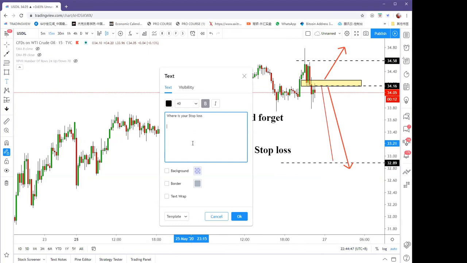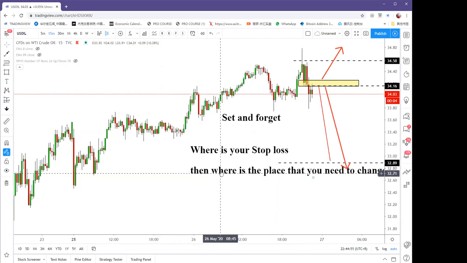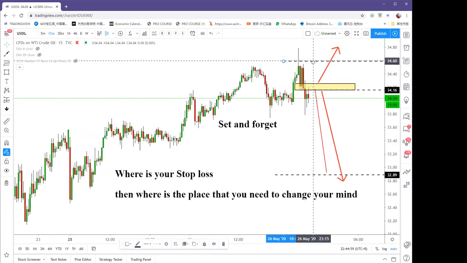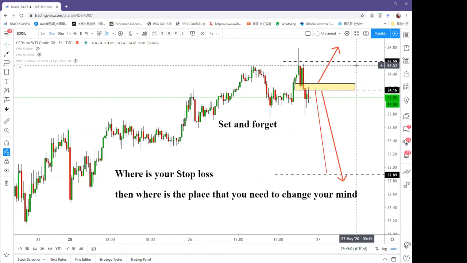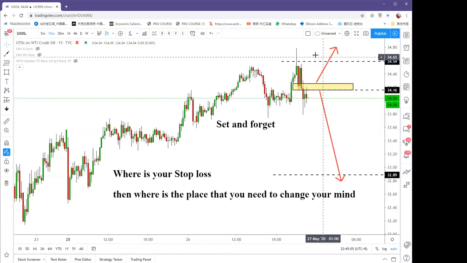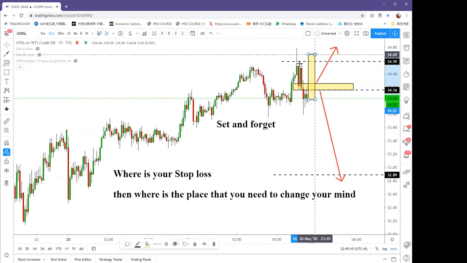Then that is the place where you need to change your mind. So remember this: if you set your stop loss at the previous high, for example 34.60, ask yourself why you should set your stop loss here. Because definitely we don't want to see a very strong bullish candle break a new high.